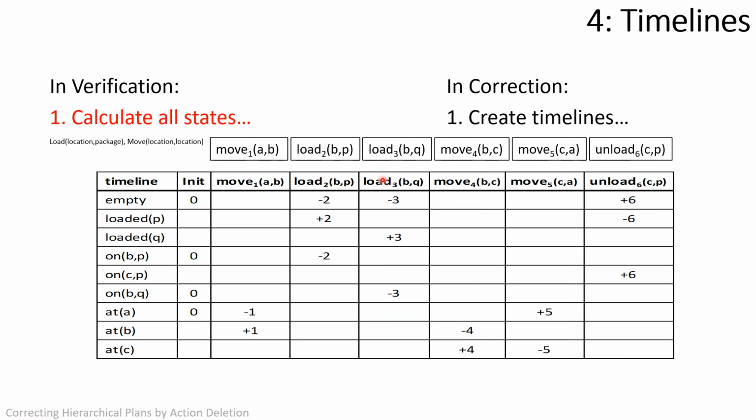And then what this does is take the package away from where it was, which was on location B. So the atom on BQ, which means that package Q is on location B, gets deleted, or threatened, by this action. After the action, the atom is no longer true. So we mark this here with a -3. We do this for all the conditions and all the actions. Every action marks which atom or condition it supports and which it threatens.